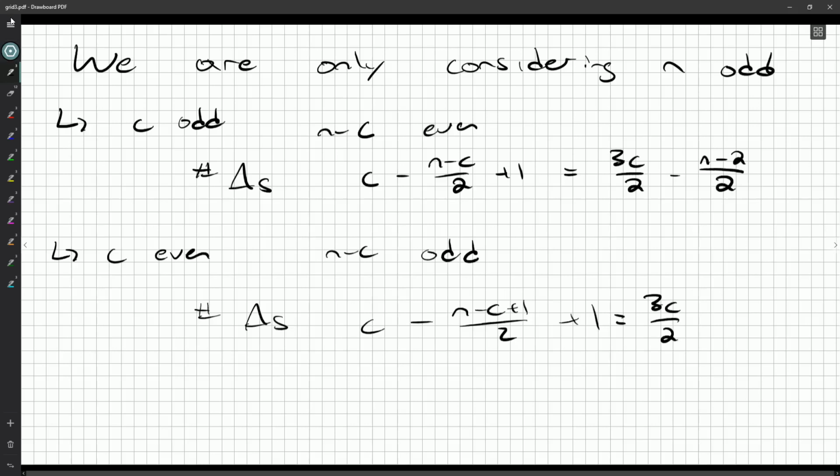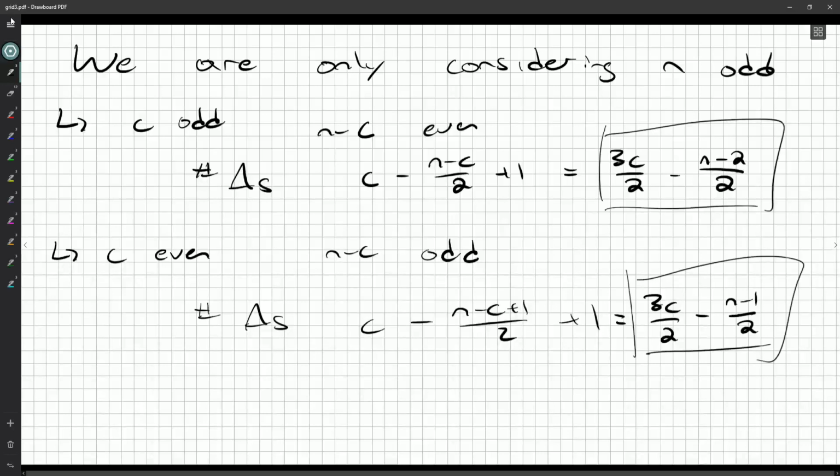Bring in the plus 1, but it cancels out with the minus, so it'll be minus n minus 1 over 2. Okay. So these are simpler formulas to work with. So c's will alternate even and odd because we have a range of values.